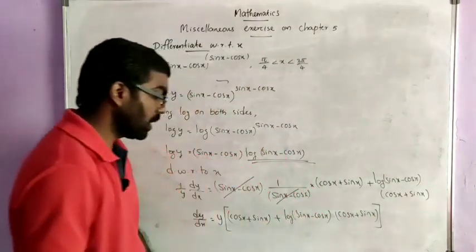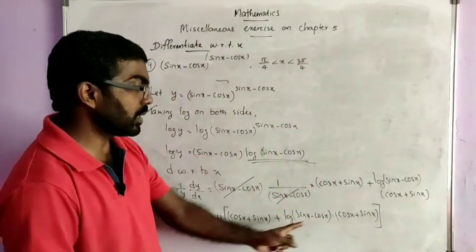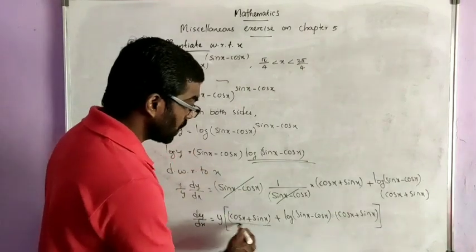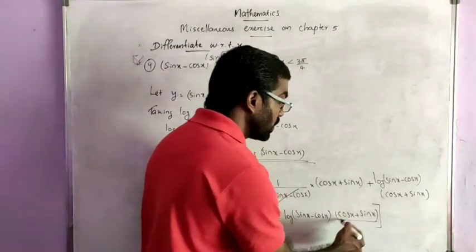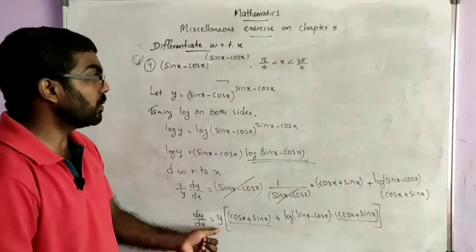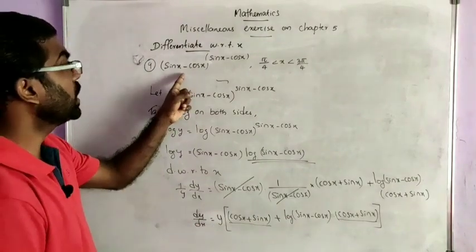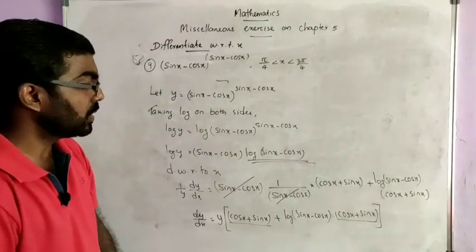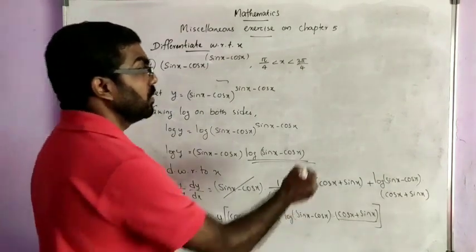Okay. So here in both terms cos x plus sin x is common. In the first term we have cos x plus sin x and the second term also has cos x plus sin x, that we can take out. And the y value is what? (sin x minus cos x) the whole raised to (sin x minus cos x), that we can replace.